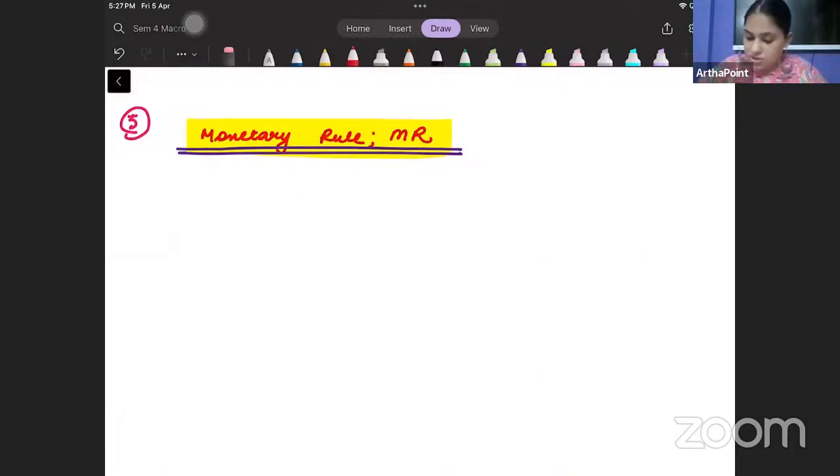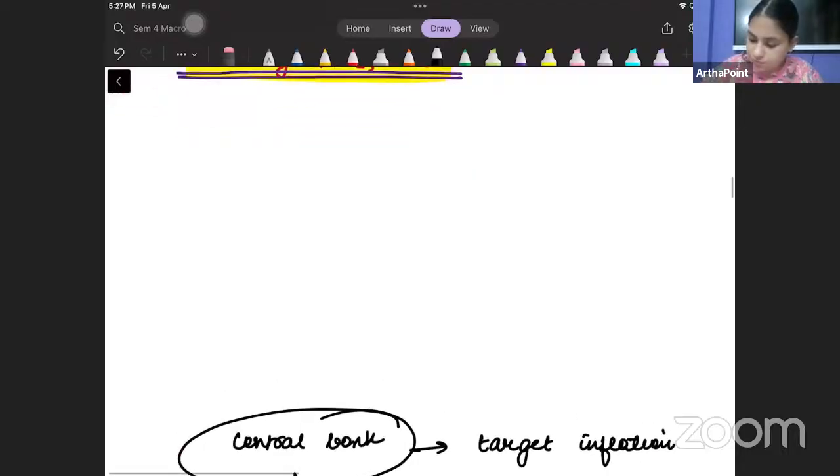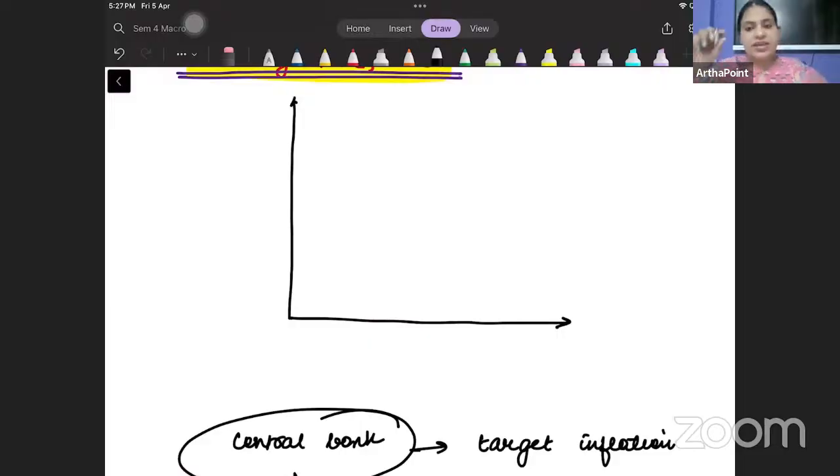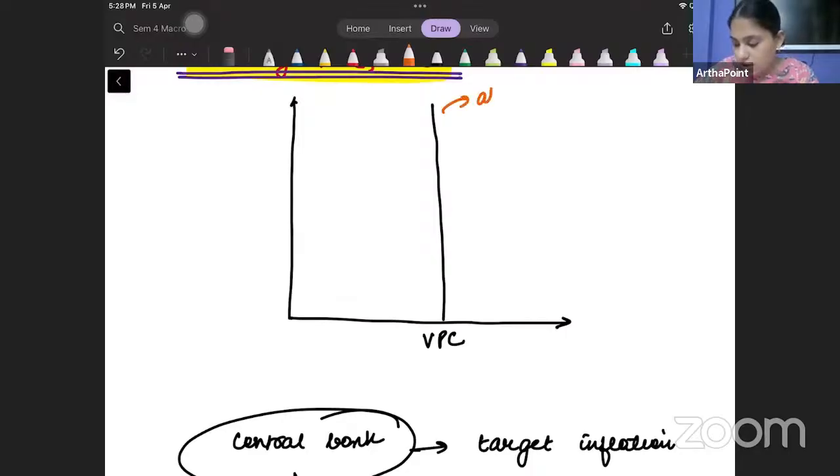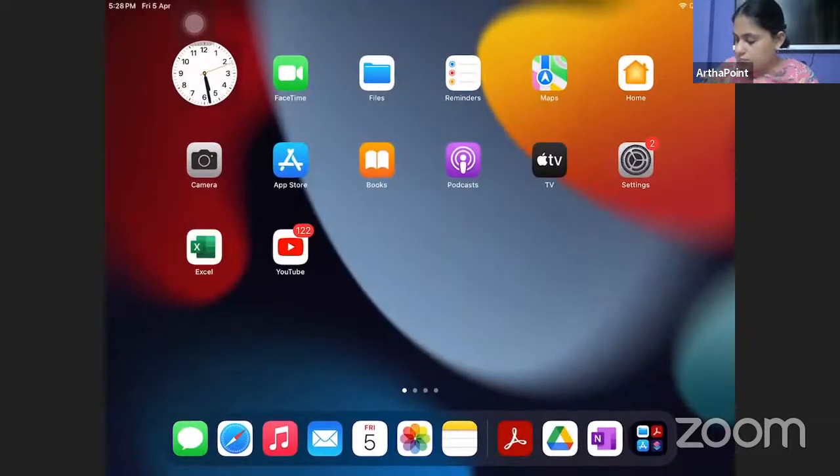So let me just draw this. Understand step by step. Look, this is your vertical Phillips curve. Beta, what was your vertical Phillips curve? The vertical Phillips curve is drawn at the full employment level of output.